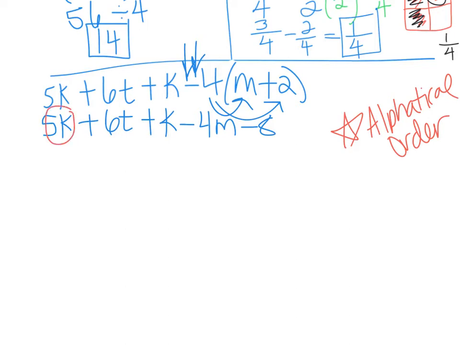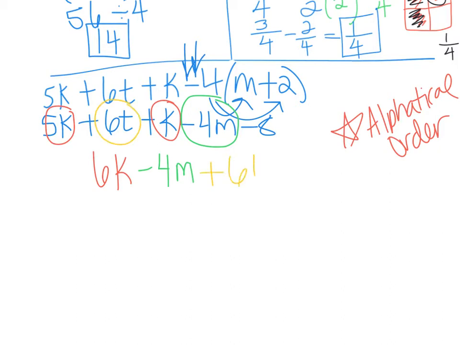So I have 5k plus 1k would be 6k. Then I'm going to go to the m's. I'll just have -4m. And then the t. And then just my number, -8.